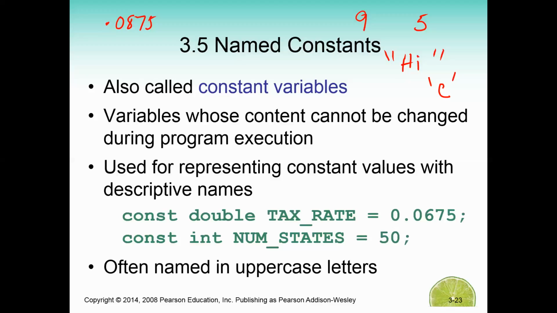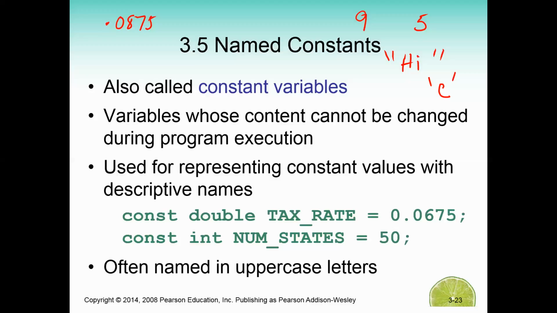Every time that I use it, I'm going to put 0.0875 times whatever, 0.0875 times whatever, and so on. But we know that after so many years, they change the tax rate.